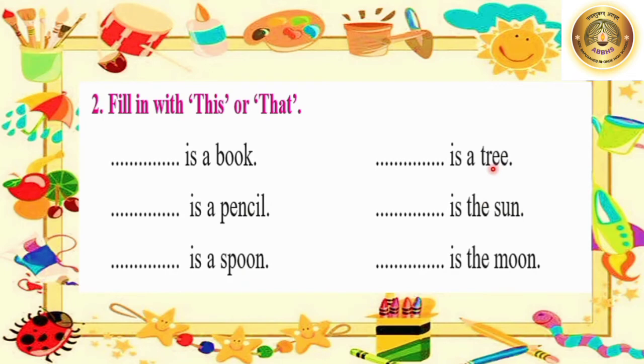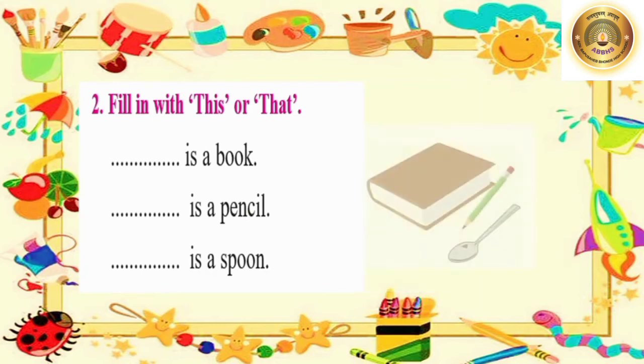It means they are far from us, right? When the things are near to us, we say this. When things are far from us, we say that. So we have to fill these blanks according to the objects.